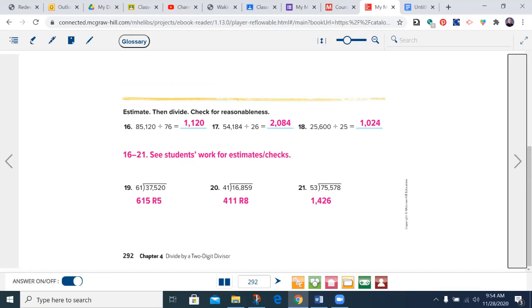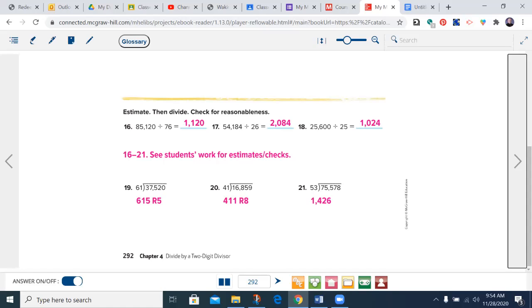But number 16, 85,120 divided by 76 is 1,120. Number 17, 54,184 divided by 26 is 2,084. And number 18, 25,600 divided by 25 is 1,024.